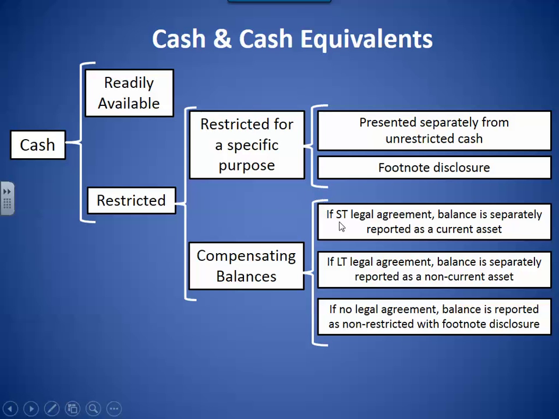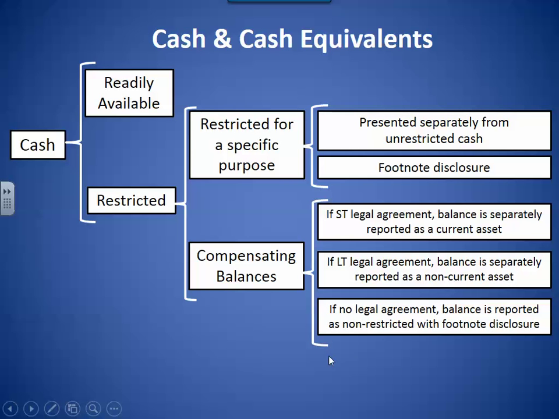Now, there's three different scenarios for a compensating balance. The first is if it's a short-term compensating balance, in other words, a year or less, and there is a legal agreement. The balance is separately reported, but it's reported as a current asset. So we have to separate that from cash and cash equivalents and report it separately. If it's a long-term legal agreement, the balance is separately reported again, but as a non-current asset.